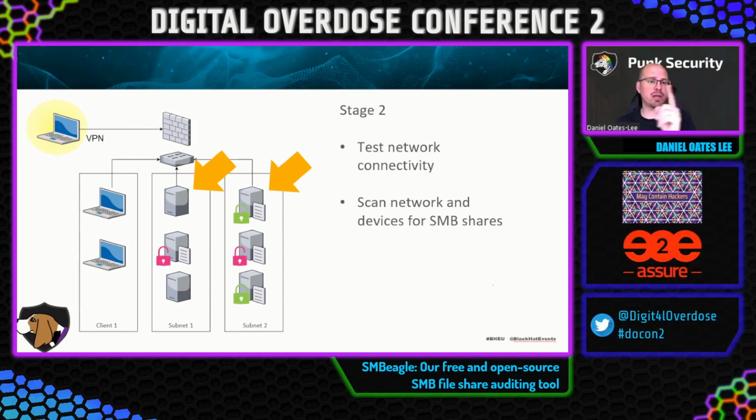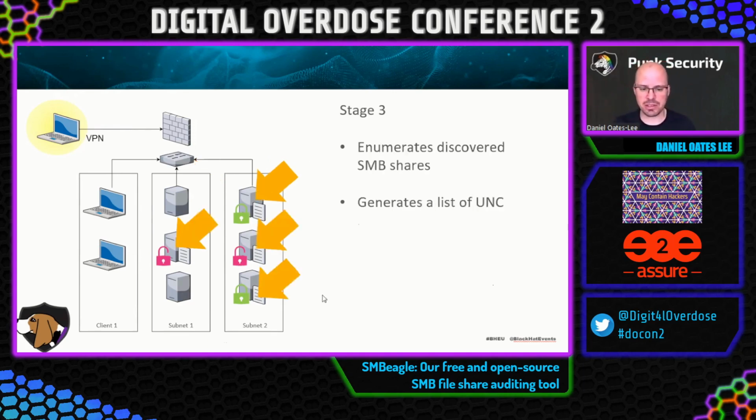It will iterate through every single IP address, looking to see if anything's responding to TCP port 445, which is Microsoft DS, or network shares. Any IP address that responds to that TCP port will get put into a special list, which then gets used in the next stage.